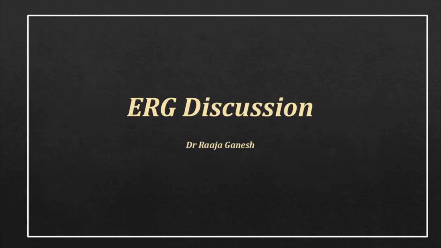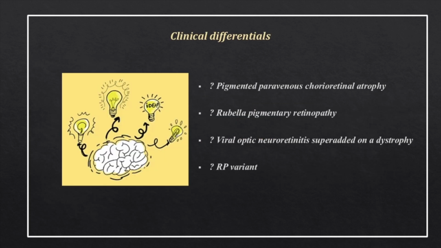Coming back to our differentials. What is pigmented paravenous chorioretinal atrophy? There are atrophic patches adjacent to the vessels. These atrophic patches are not going to elicit an electrical response. So obviously pigmented paravenous chorioretinal atrophy is going to reduce amplitudes both in the scotopic and photopic responses, and how much it reduces is based on the amount of area affected.